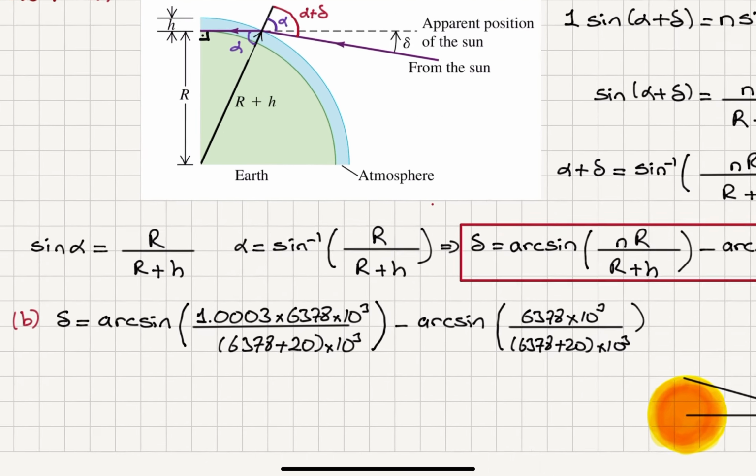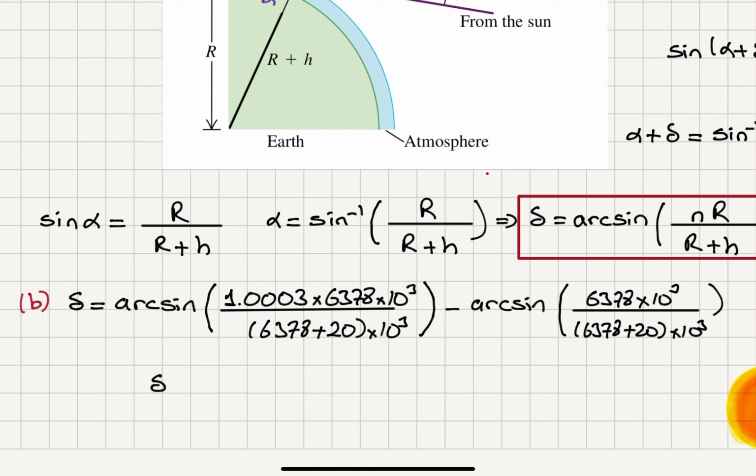So this gives us a deviation angle of 0.22 degrees.